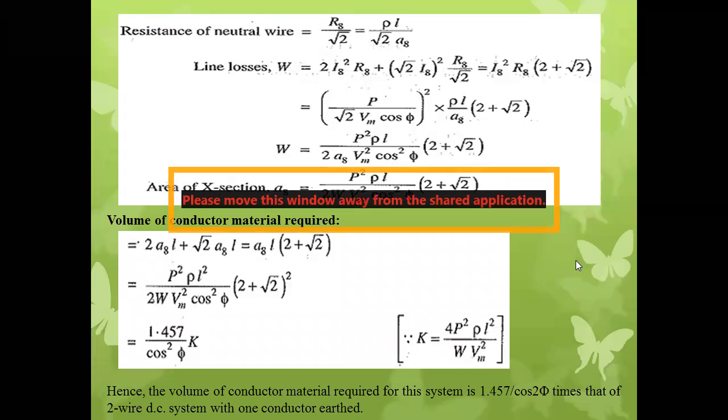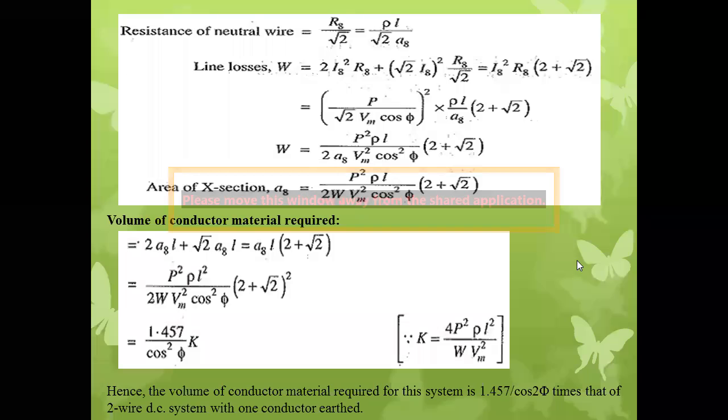So, but in our expression we required the volume of conducting material in the form of K. Okay. So in order to get it, the 4 in multiplication with the 4 P square rho L square divided by W into Vm square, what we have to do then?